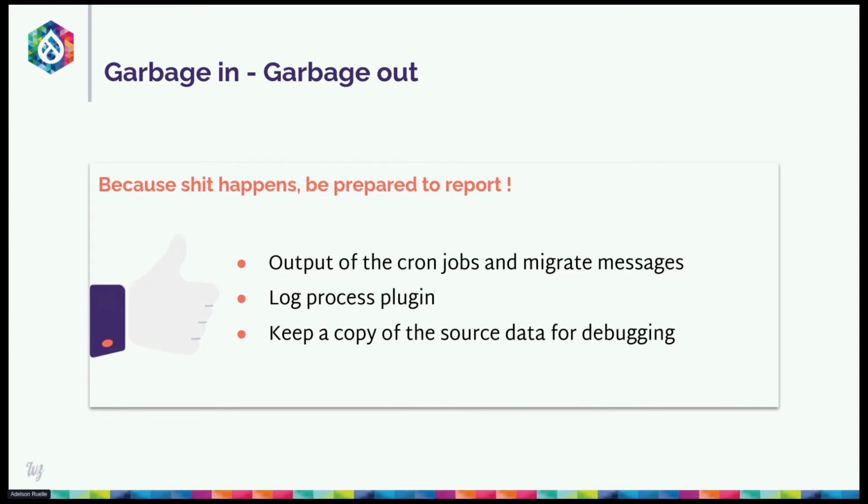It's something that we had to do a lot of the time, like assigning responsibility, telling what happened. Most of the time the problem is in the content, but you should be able to tell the site owners that the problem was in the content and not in the migration and not in the source endpoint.